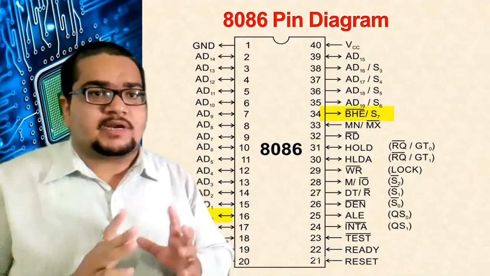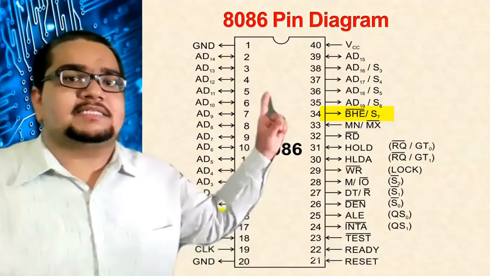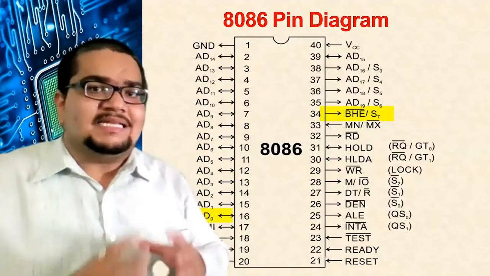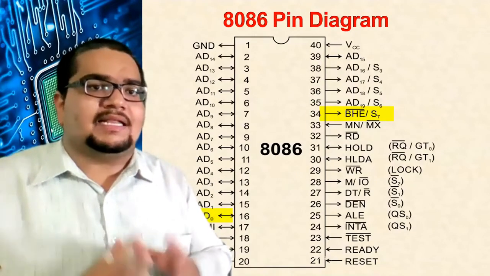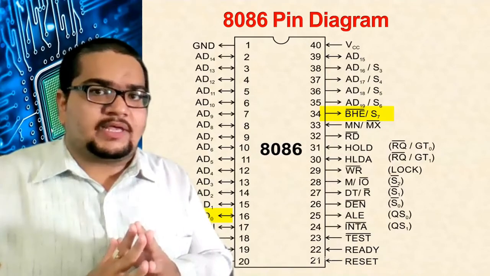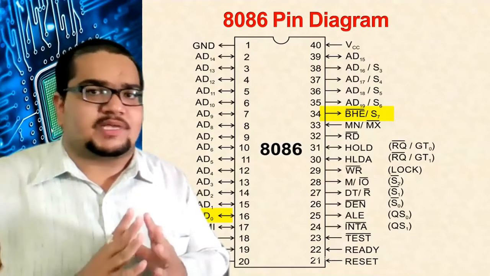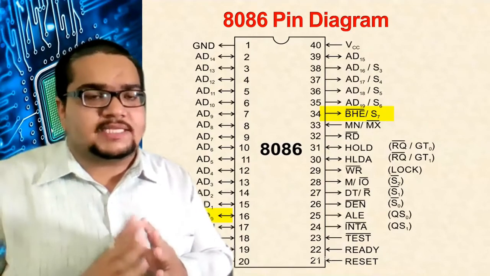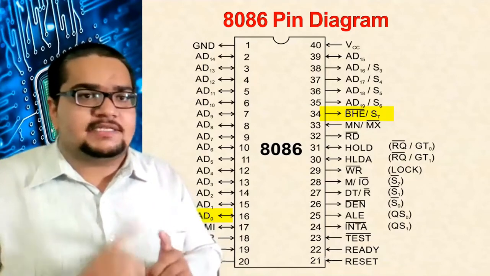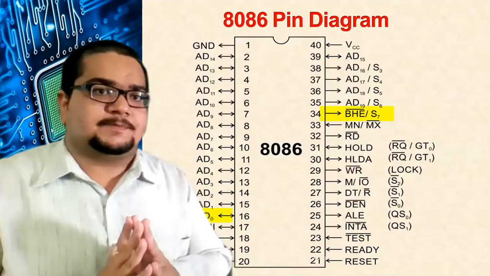Just for common notation, AD16, 17, 18, 19 has been given here, but it is better you call them A16, A17, A18, A19. These are address lines alone, though some more work is assigned to them, that is S3, S4, S5, S6, as you can see. About those I will explain later, but right now you have to understand AD0 to AD15 are time multiplexed address and data lines.